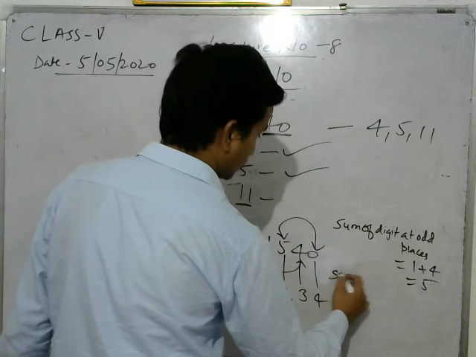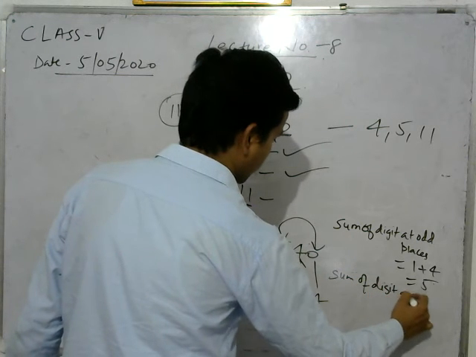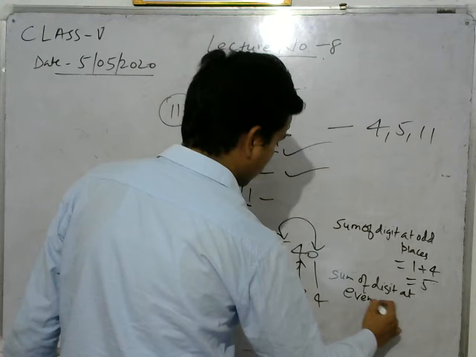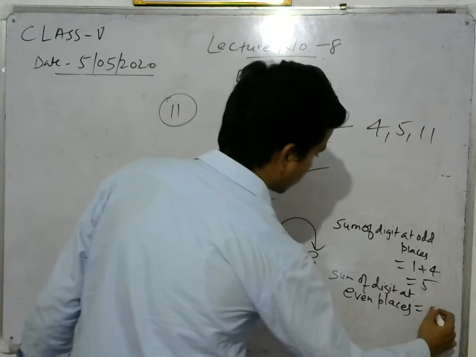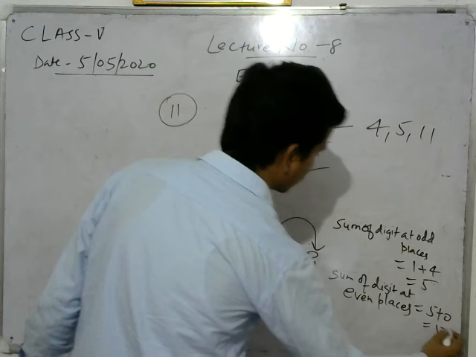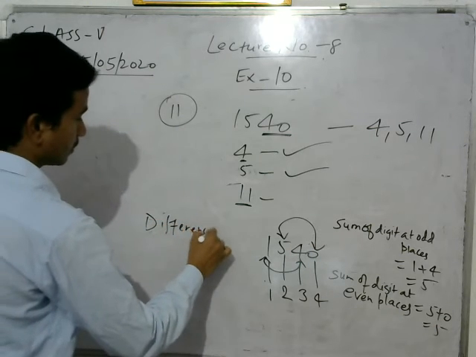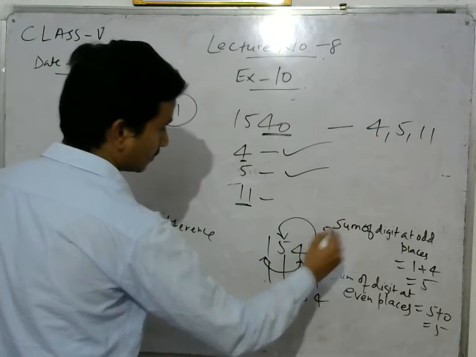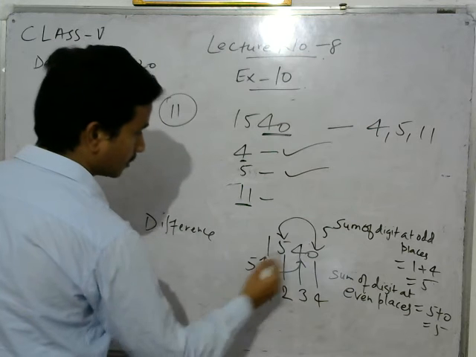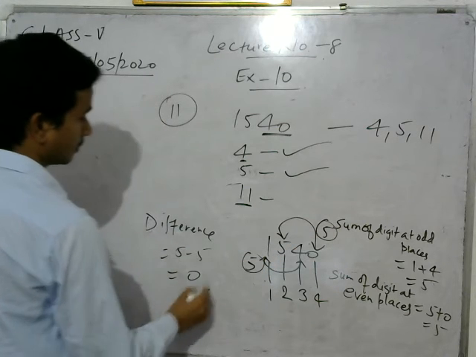And the sum of digits at even places is 5 plus 0, which is again 5. So what is the difference? Here the sum is 5 and here also the sum is 5. The difference is 5 minus 5, which is 0.